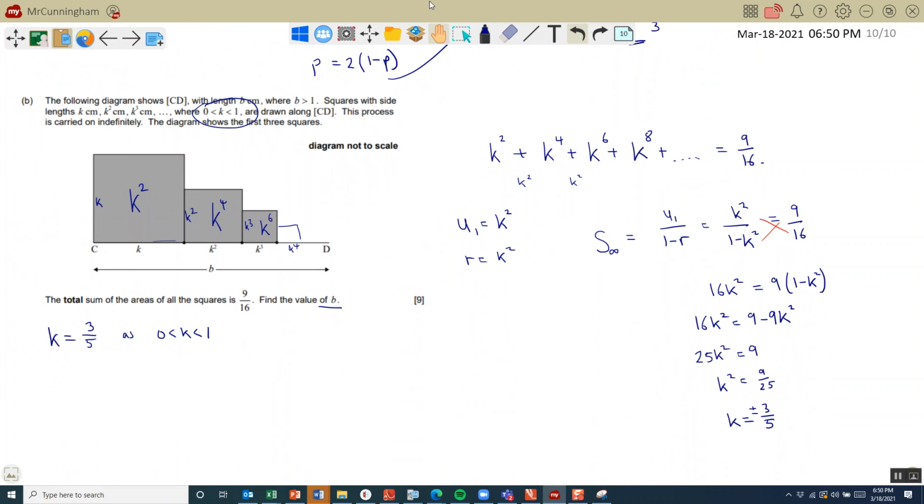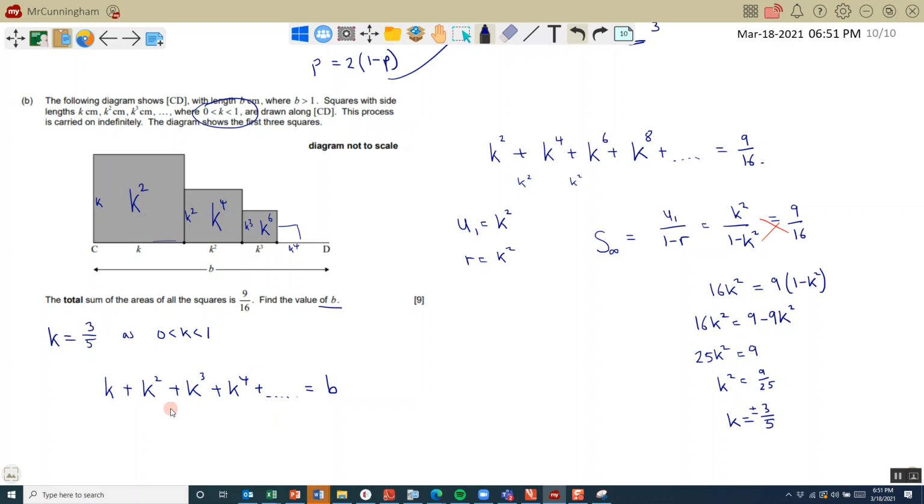Because if I look at this, I can see that it's just using different letters. K plus k squared. So I'm just looking at the length here. K plus k squared plus k cubed plus k to the 4, etc. If I add up those indefinitely, that's going to equal this length, which is b.